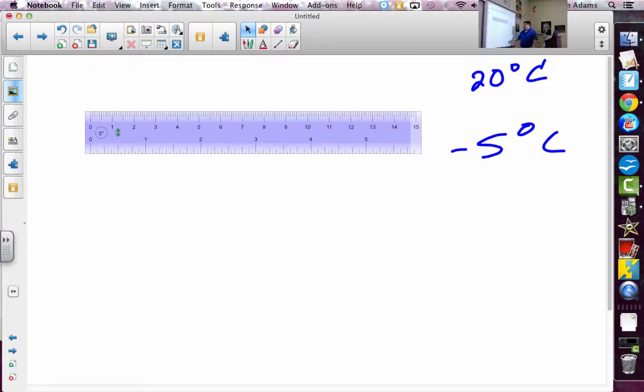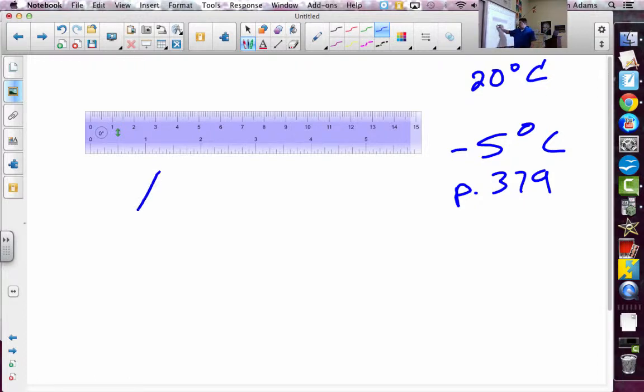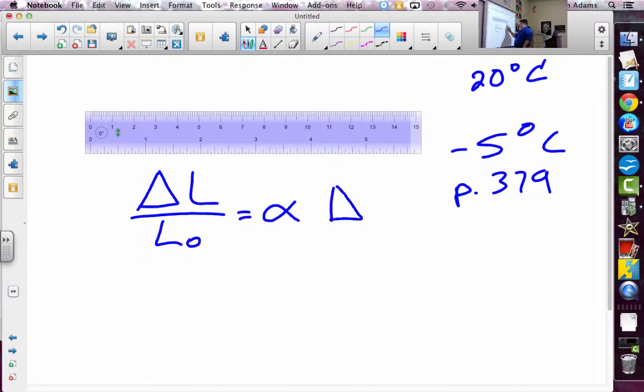I want you to guess what that equation is. Take a guess. Somebody say it if you know it. Is it delta L over L naught equals alpha delta T? All right, absolutely correct. That's the formula that we're going to use.